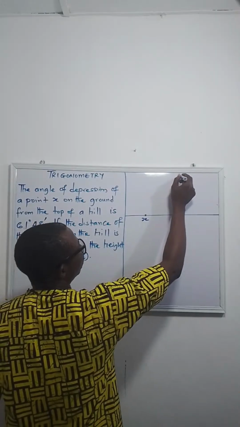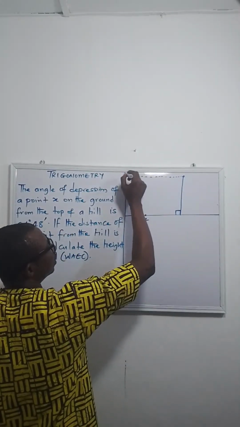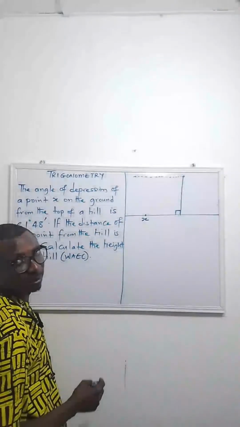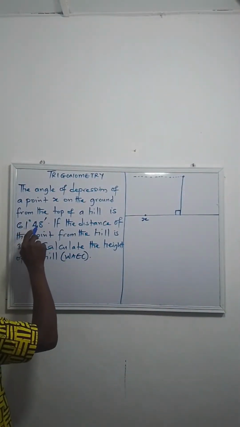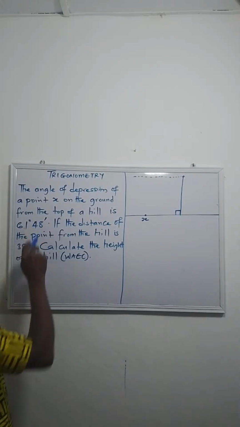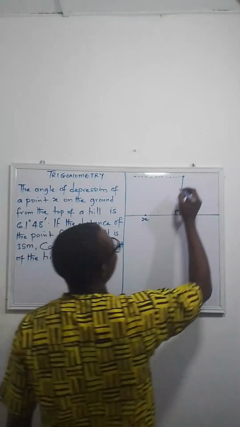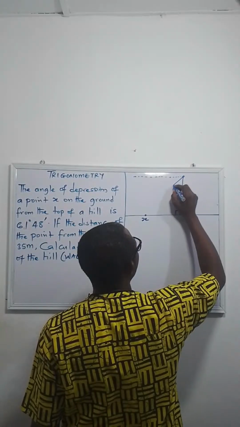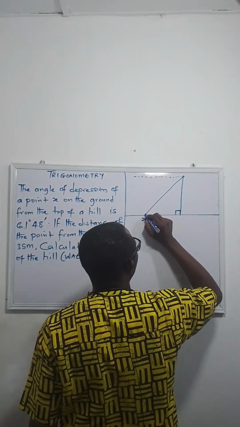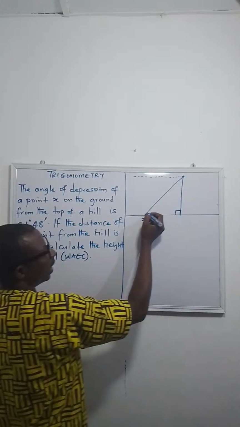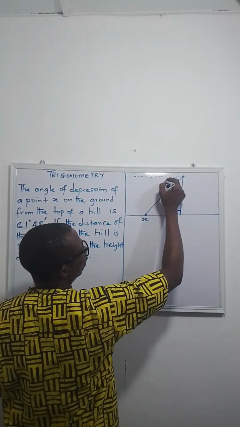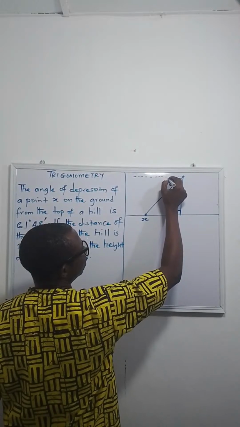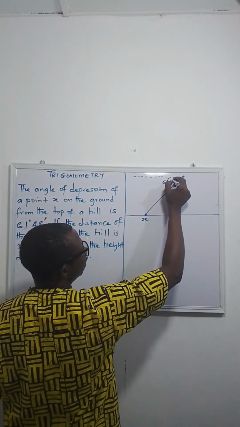The observer will first look straight, then turn his head by an angle of depression 61 degrees 48 minutes. So we have it this way. This is the observer looking at this. He has turned his head by an angle of 61 degrees 48 minutes.